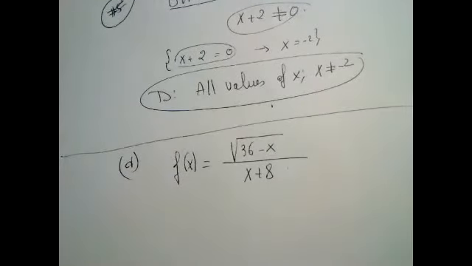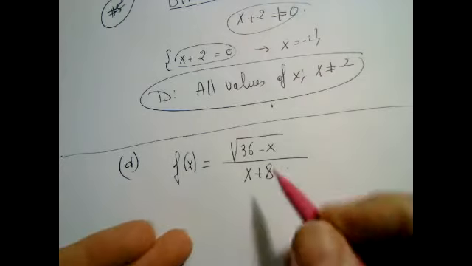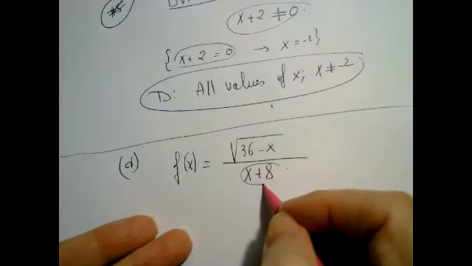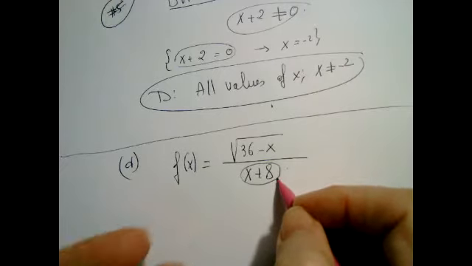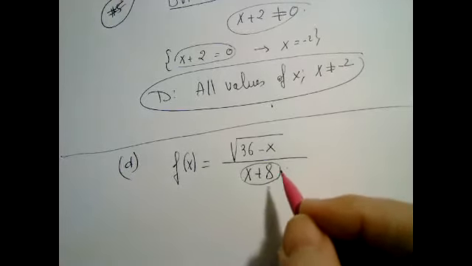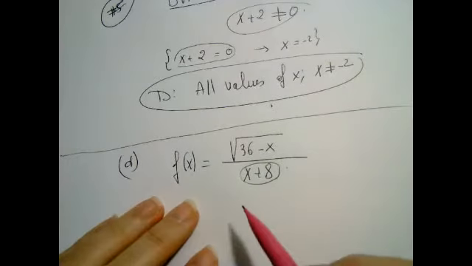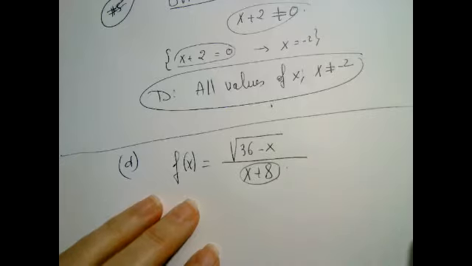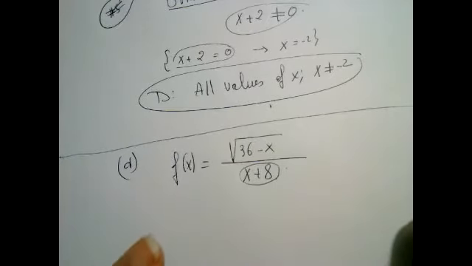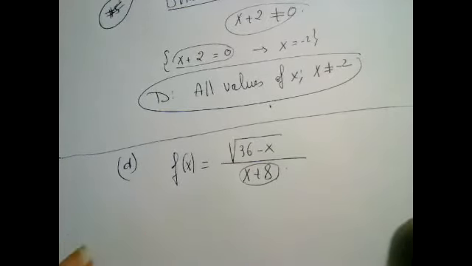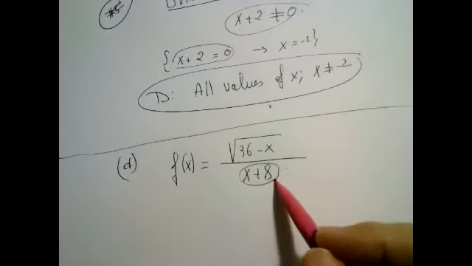What can give me problem here? Two things. Every x that makes this 0 gives me a problem, so I have to exclude those. Do I have another issue in this function? Anybody? Usually for the domain, two ideas give me problems. Every time I have a denominator, I have to think a little bit.